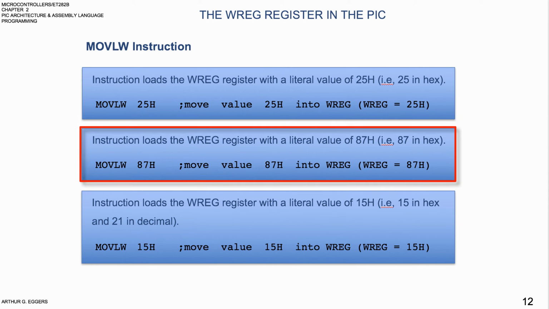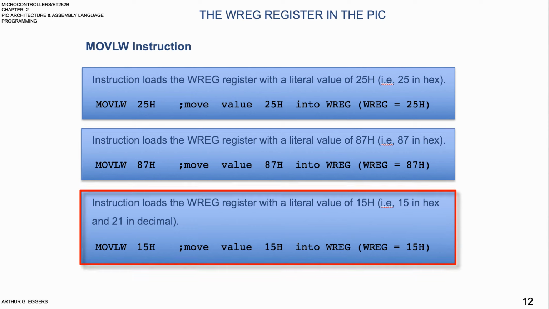The following instruction then loads the working register with the value of 87 in hex. MOVLW 87H; load 87 hex into the working register. And then finally, the following instruction loads the working register with the value of 15 hex, and 21 in decimal.